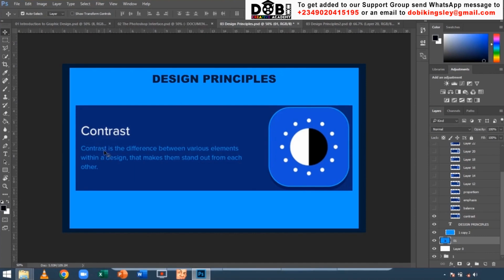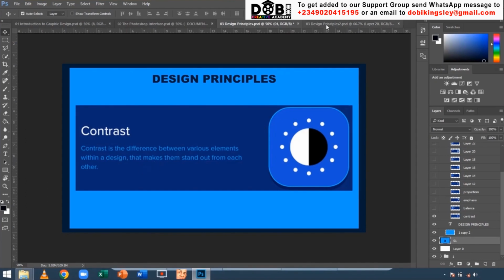So in your design, you want to weigh your options as to where to contrast them more, and where to use colors that are closer to each other, relatable to each other. So it's totally up to you. Remember, graphic design is an art. You are trying to express yourself in the best way possible, so there are really no definite rules. But these are principles that, when something is going wrong in your design, you just look out for and try to adjust.